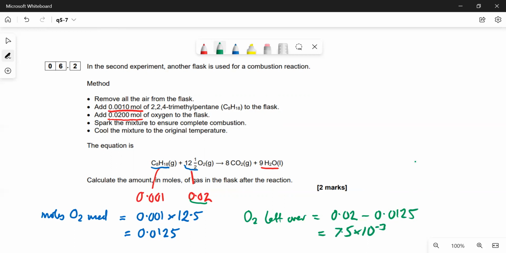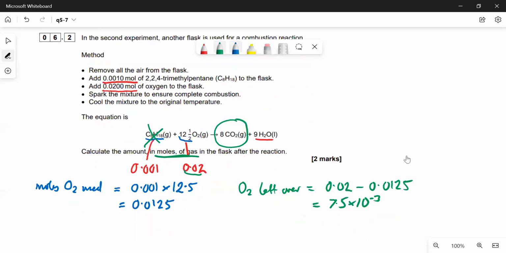We need to work out the total moles of the gas. The trimethylpentane is all reacted, that's all gone, so the only other gas we've got there is carbon dioxide. How many moles of carbon dioxide are we going to have? Well, 1 mole of C8H18 gives us 8 moles of carbon dioxide.